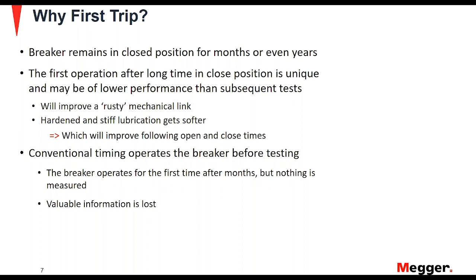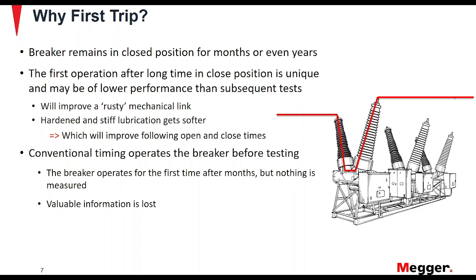If your testing cycle is some years, like 3 or 4 years, this first trip can give you information on what happens between those tests. And the test is actually very simple to do. It's not something difficult that requires a lot of additional things.